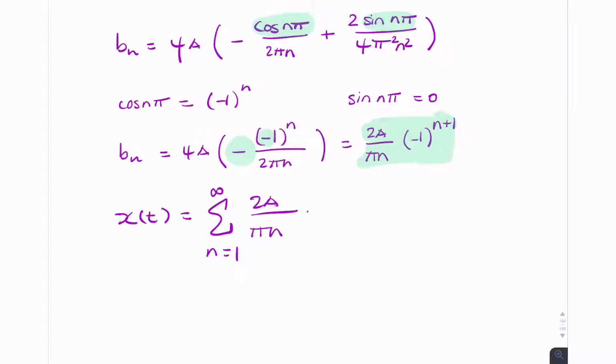by sine n omega naught t. Now we need to replace omega naught with 2 pi over T, so it'll be 2 pi over T, t.